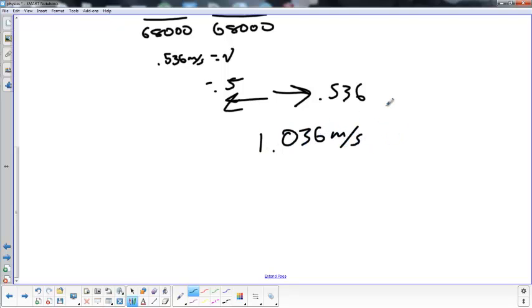So if I'm standing in the space station looking at the space shuttle, because we're both going away from each other, it looks like the space shuttle is going away at 1.036 meters per second, even though it's really going 0.536 meters per second. Because I'm moving backwards, it looks like it's going faster.